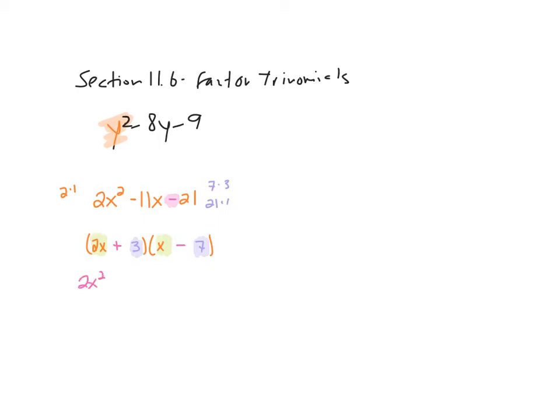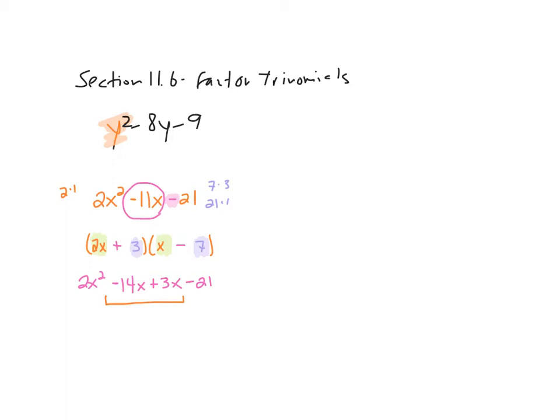So this is our check part. Then I have 2x times negative 7, so that's negative 14x. And 3 times x is positive 3x. And 3 times negative 7 is negative 21. Now, what I'm primarily looking at is these middle two terms. Do they combine to give me the middle term in my original polynomial, the negative 11x?